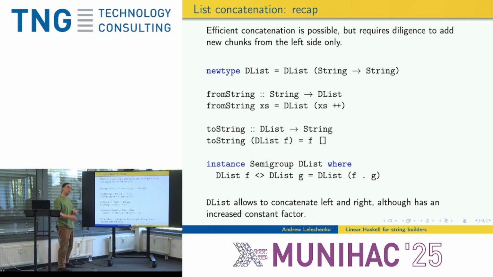And then if I use this approach, I can get all my strings, convert all of them to these difference lists, and then I can concatenate them left and right. I don't care because it's all function composition. Then I will just call toString, and it will all work nicely, avoiding quadratic issues.